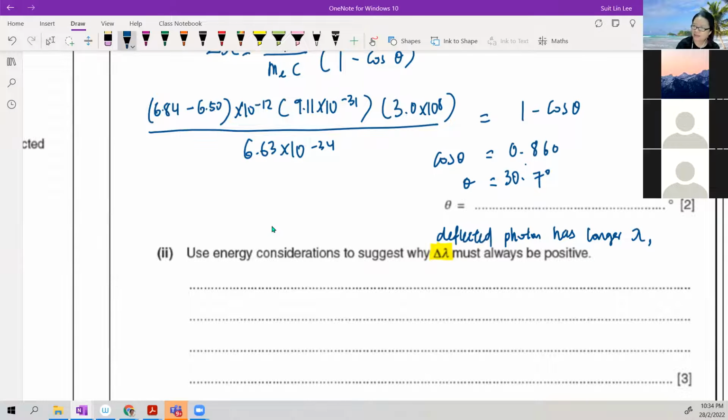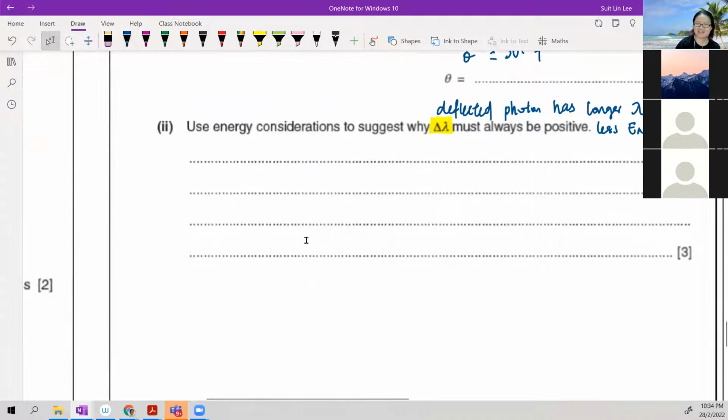Longer wavelength means less energy. But why does it have less energy? Well, because remember, they share the energy.